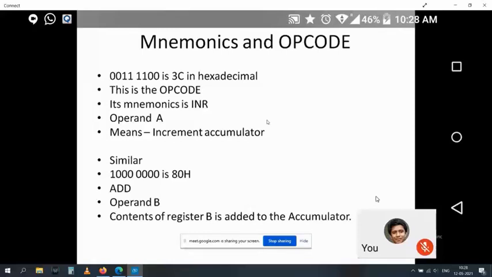But we will not write INR A. We will write the opcode 3C, which the microprocessor will understand. So A is the operand, the opcode is 3C and the mnemonic is INR, and we will see how the instruction goes. Similarly, here if it is 80H, 80H is my opcode, ADD is the mnemonic, and the operand is B. Operand means that on which the action is taking place.